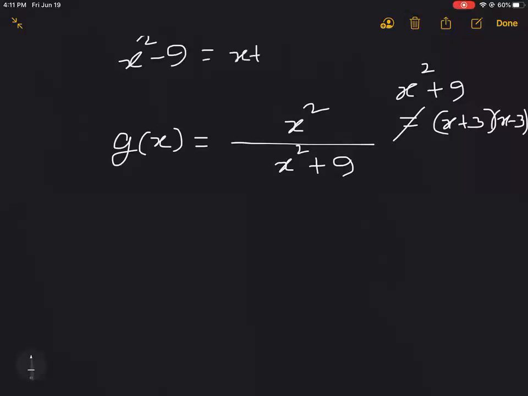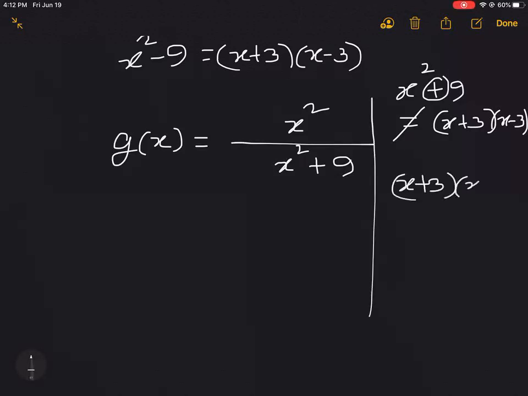Then you would have written it x plus 3, x minus 3 by using the formula of the difference of the squares, but it's a plus. Let me show it here. X plus 3 times x plus 3 is actually x plus 3 the quantity squared, not this. So we can't really do that either.